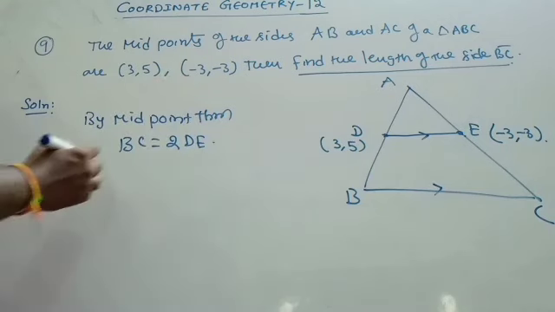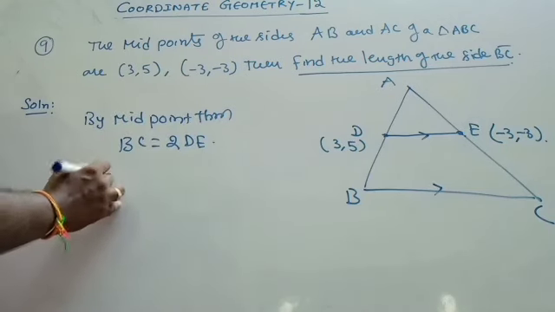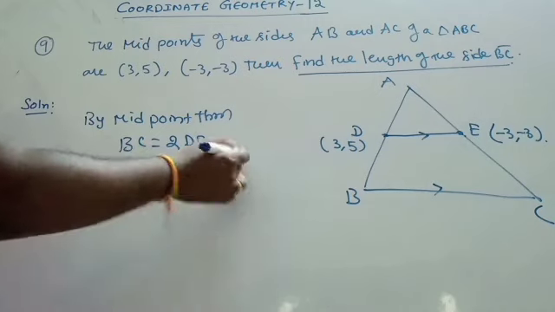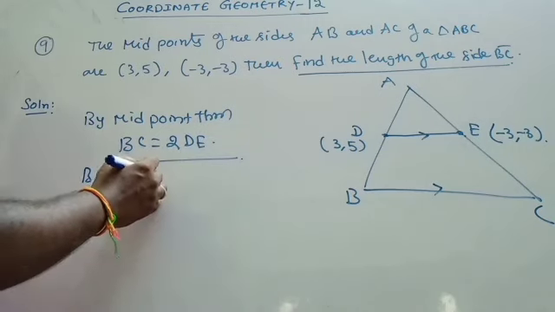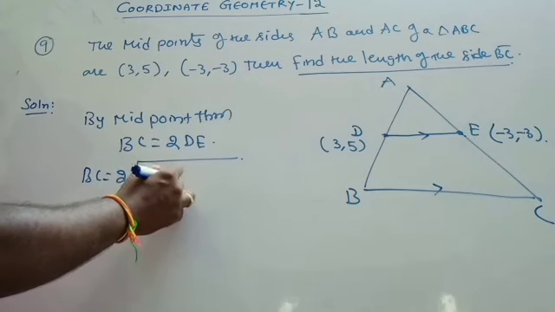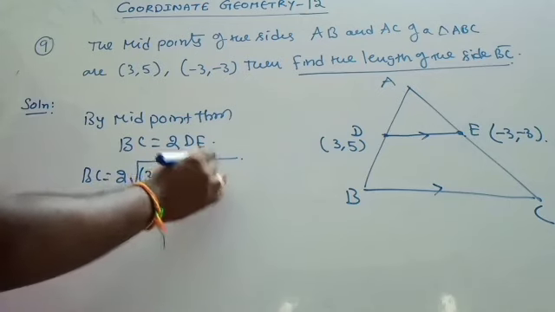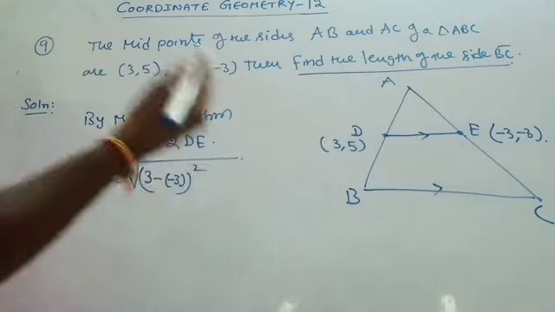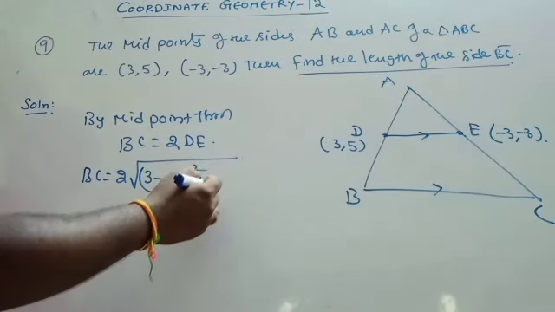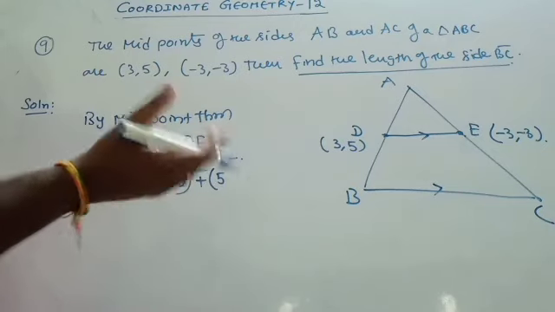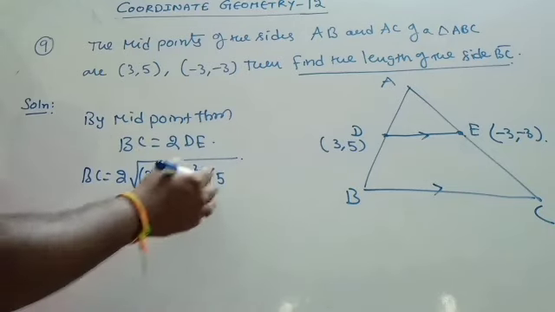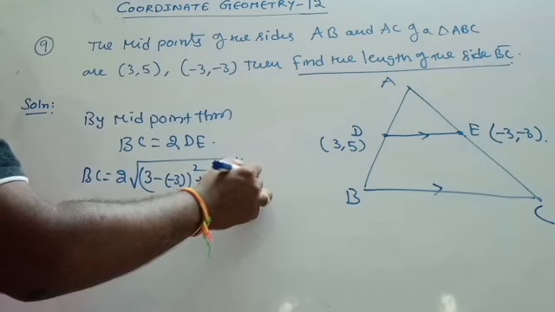Now BC equals 2 times the square root of DE squared. D is given and E is given. That is (3 minus (minus 3)) whole square, you can take x1 y1 or x2 y2, anything, because (a minus b) whole square equals (b minus a) whole square, plus (5 minus (minus 3)) whole square.